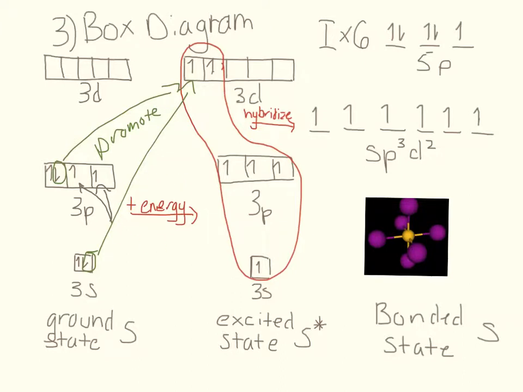Energy was added so that we were able to promote those 2 electrons, and now we have 6 parking spots, which is highlighted by the red circle. And this gives us the excited state of sulfur, which is represented by this star right here.